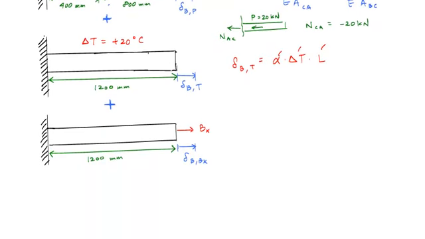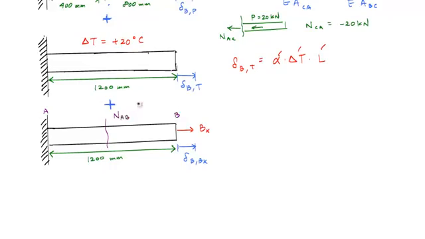And the last part right here, with this 1200 millimeter segment, I have an externally applied force Bx, and that means inside this right here I'm going to have a constant internal force, which I'll call N_AB, for segment AB.